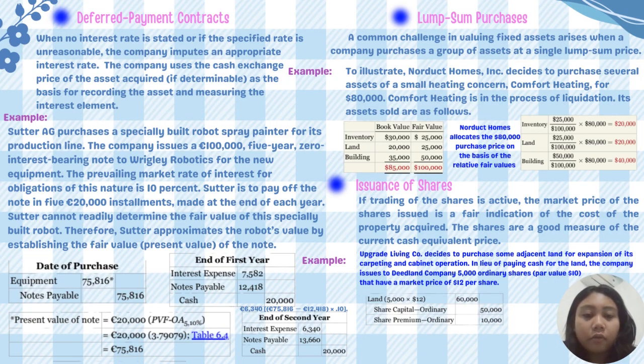So we calculate each asset, like inventory, $25,000 divided by $100,000 times $80,000, same for land and building.